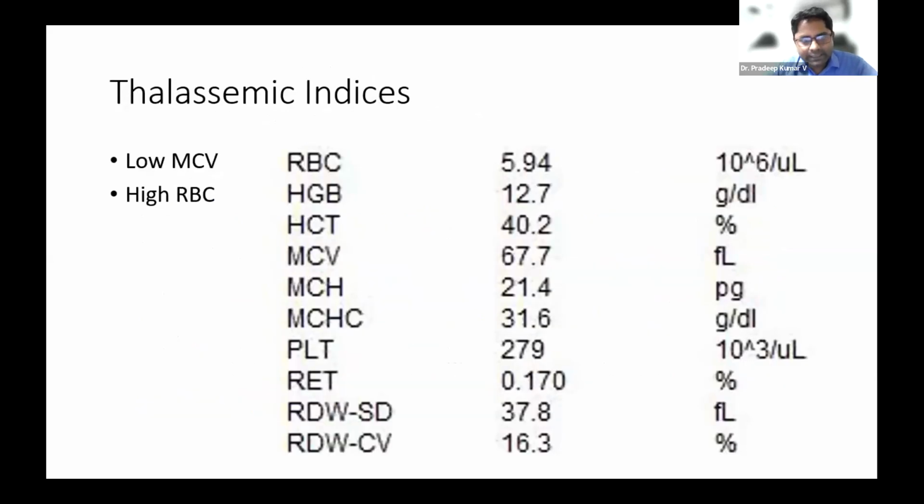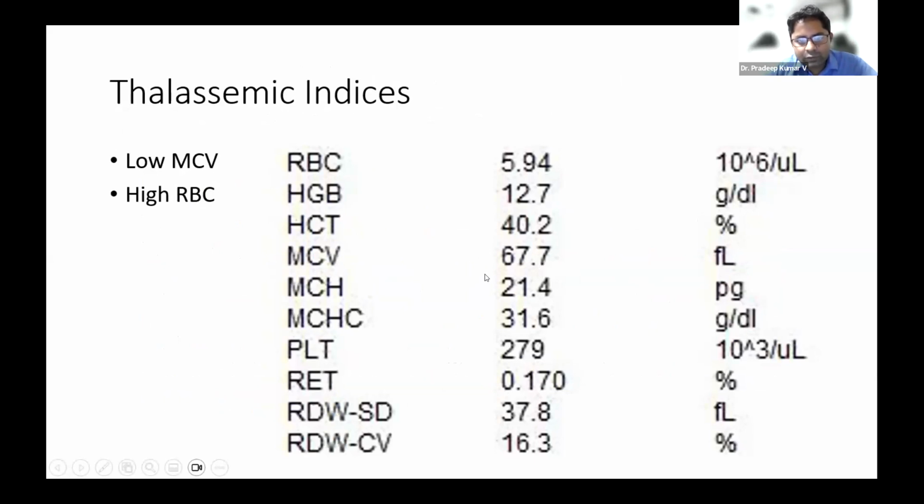So, what exactly are thalassemia indices, now that we know what hemoglobinopathy and thalassemia are? Whenever you have a low MCV and a high RBC, as in this example, MCV is at 67, and this is a female patient. 76, let's say, is the normal MCV, so 67 is way below.